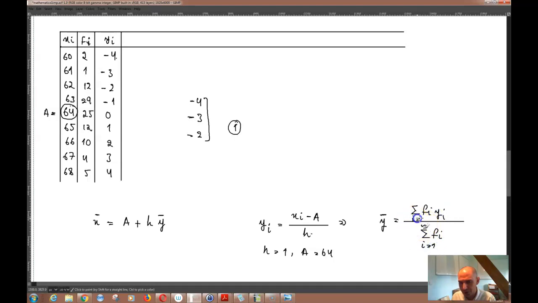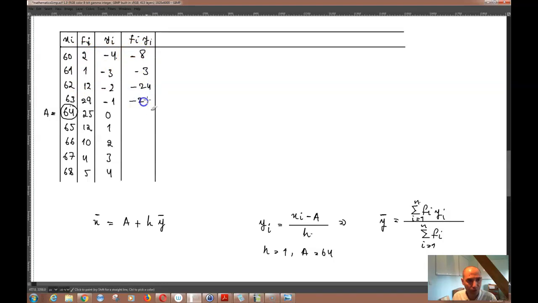So I need to calculate sigma f of i y of i as well. So f of i y of i is equal to, for example, 2 times negative 4 is negative 8, then negative 3, negative 24, negative 29, 0, 12, 20, 12, and 20.